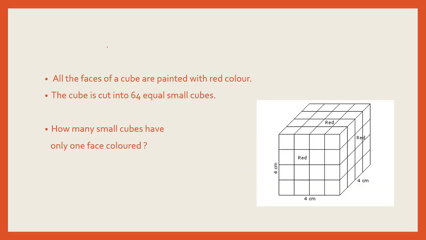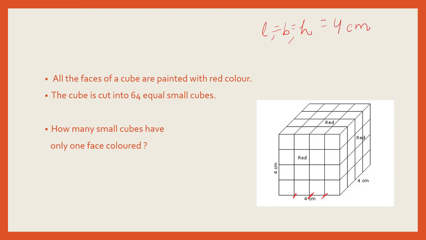So I have given you a question that all the faces of a cube are painted with red color. The cube is cut into 64 smaller pieces. So first you need to understand that I've taken a 4 centimeter cube where the length is also 4 centimeter, the breadth is also 4 centimeter, and in order to get 64 smaller cubes we have to make 3 cuts, each along the length, breadth and height.